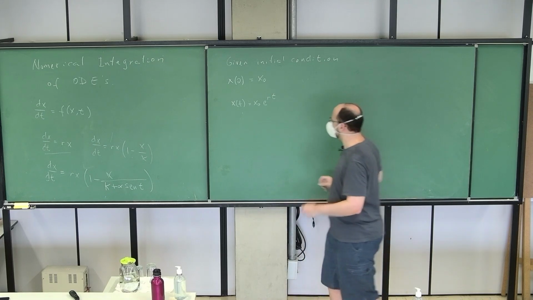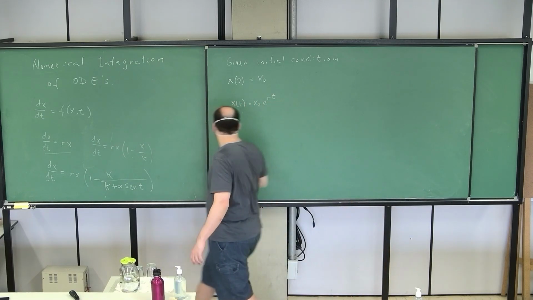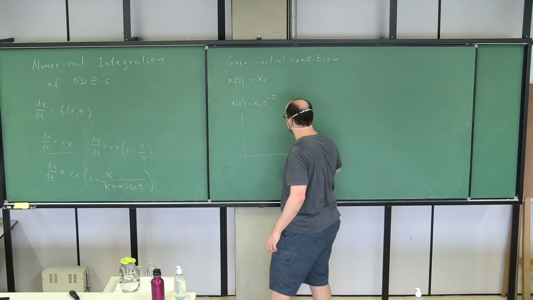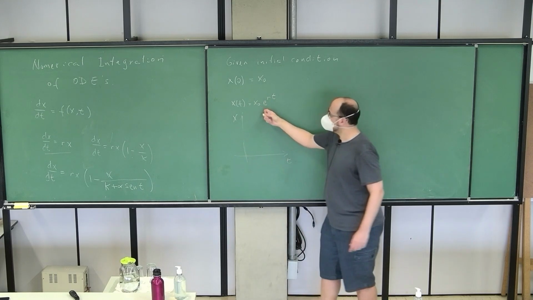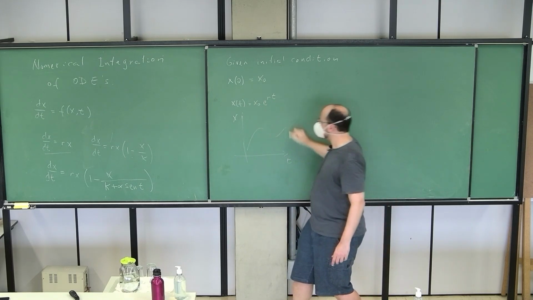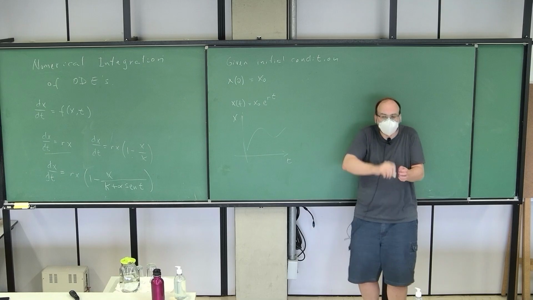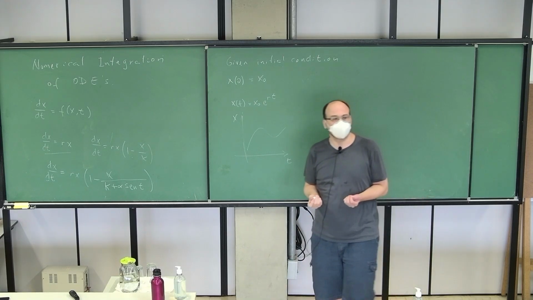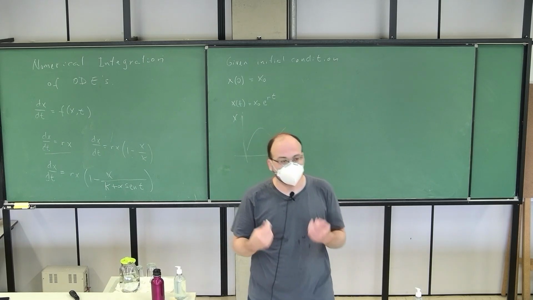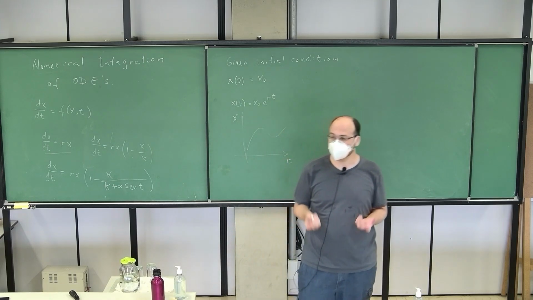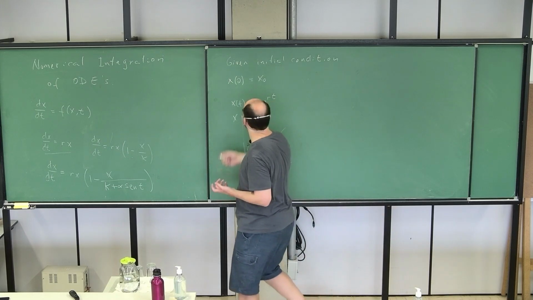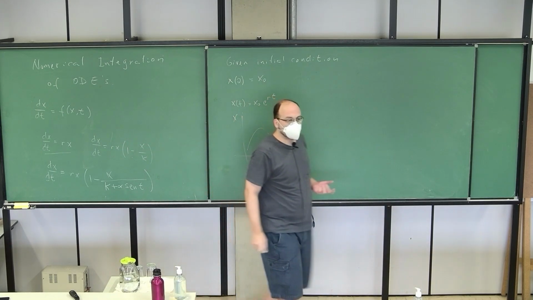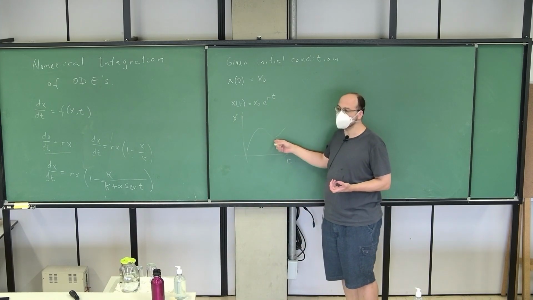If I have an equation like this, how do I find the trajectory itself of the solution? This is the problem that numerical integration solves. Given an initial condition and your differential equation, numerical integration is going to do this even if I have no analytical solution.